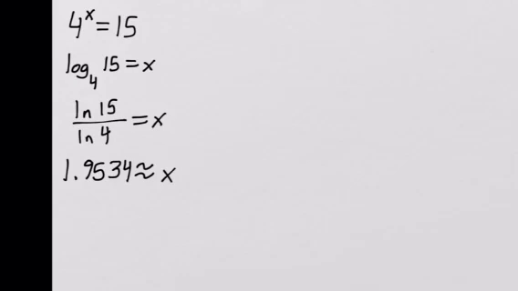If you get a problem like 27 to the x plus 3 is equal to 9 to the x minus 1. So here we don't have a way of taking a log base one of the sides because we're going to end up with something more complicated.